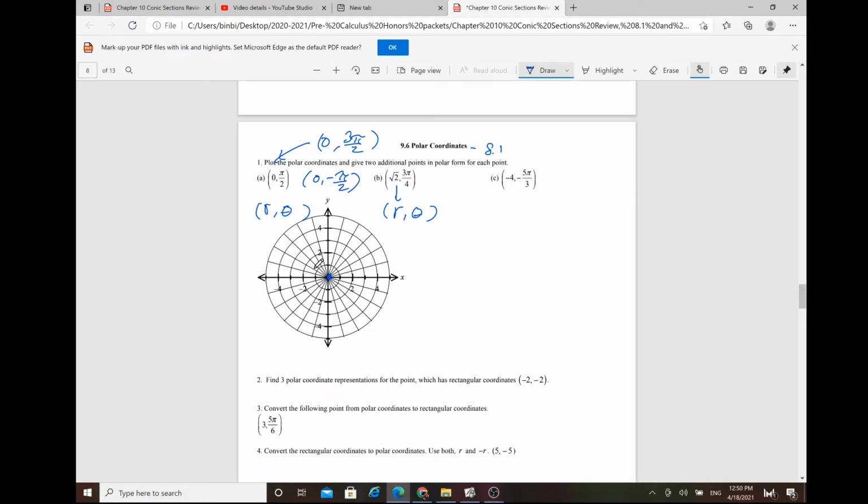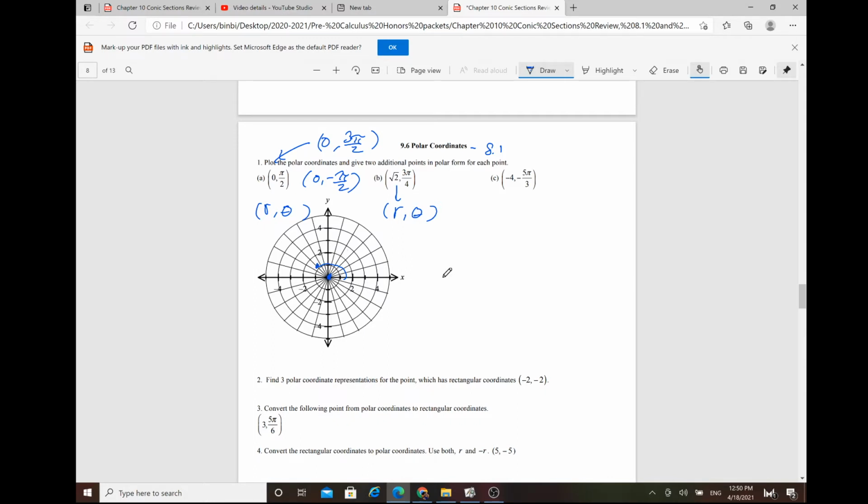For that polar coordinate, we start with the polar axis, the x-axis, and go all the way to the terminal side. That's just the point. There's no need to connect it from the pole, because that shows the direction.